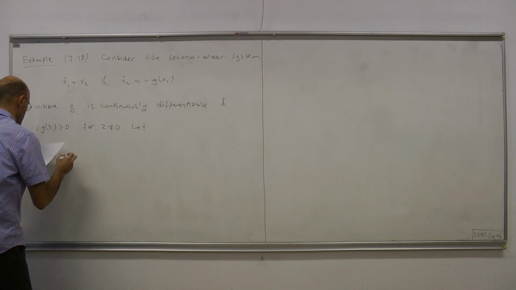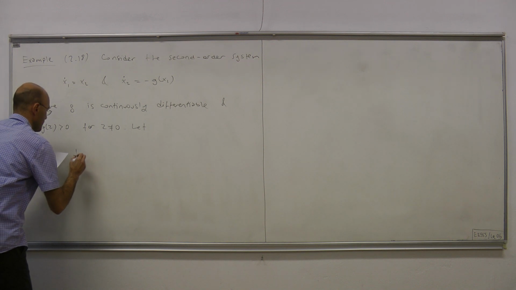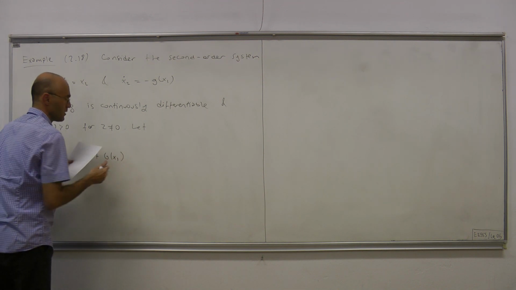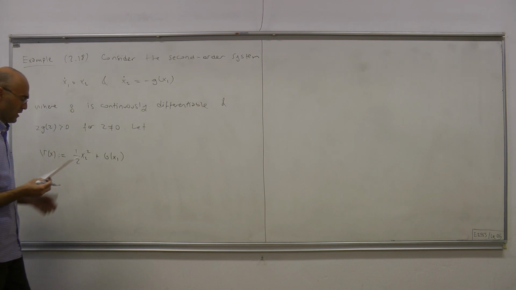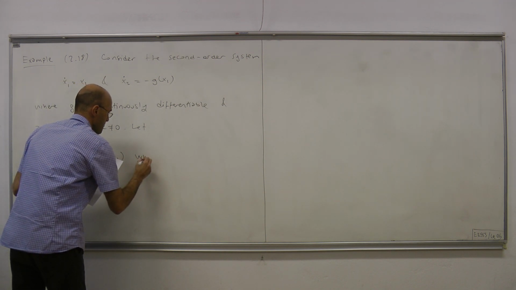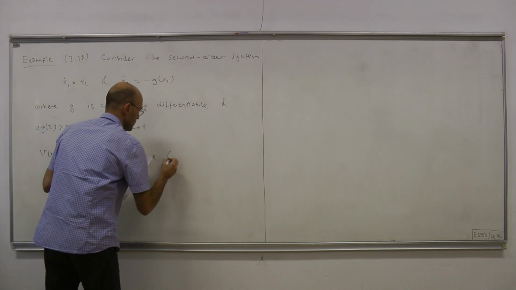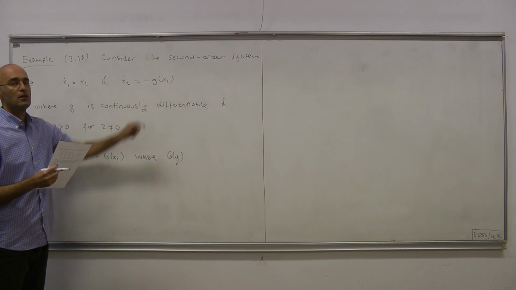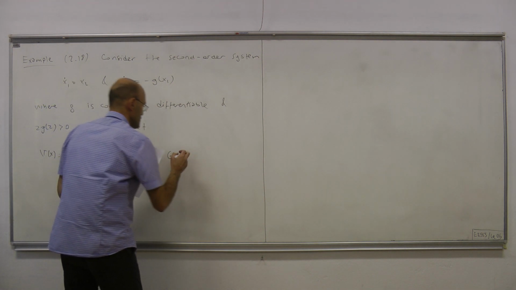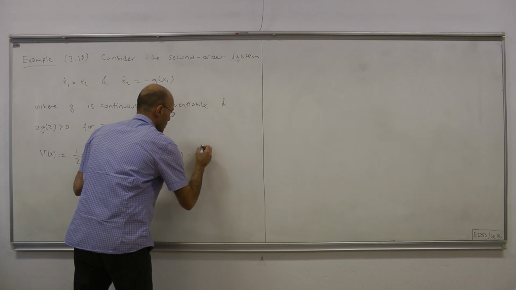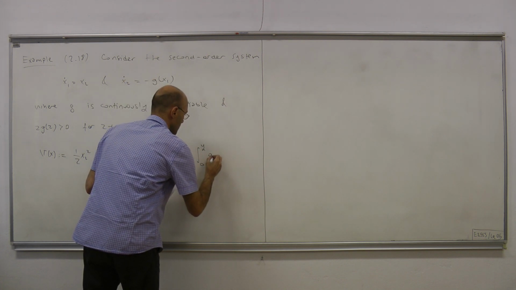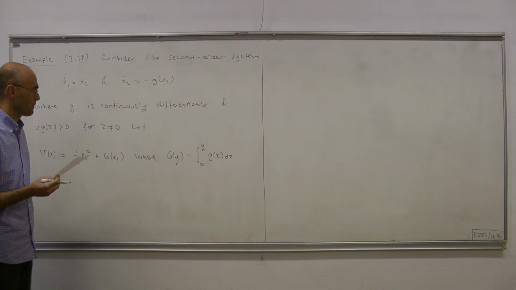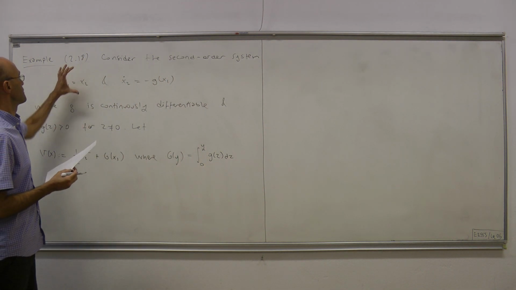V of x is defined as 1/2 x2 squared plus G of x1, where capital G is the integral of lowercase g in the following sense: G(y) equals the integral from 0 to y of g(z) dz.